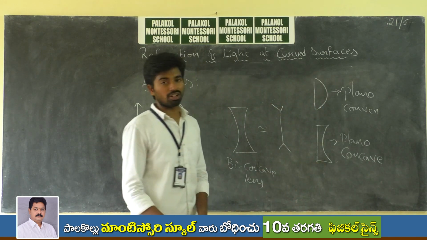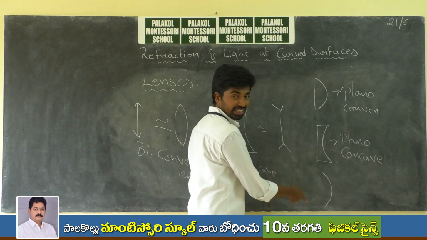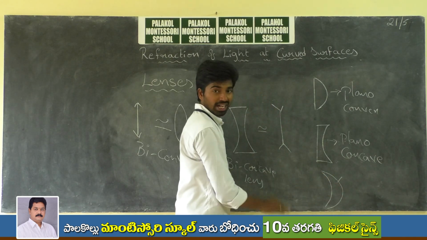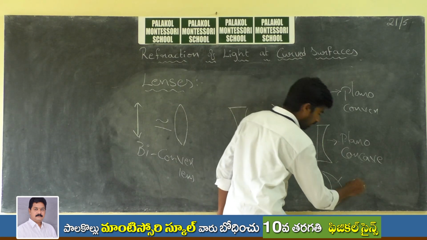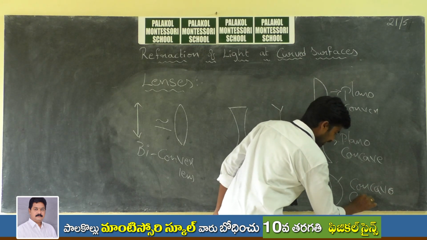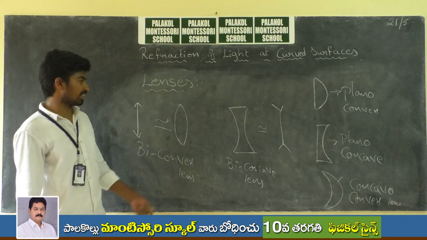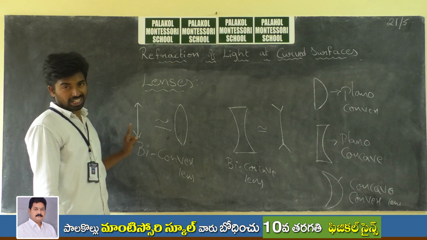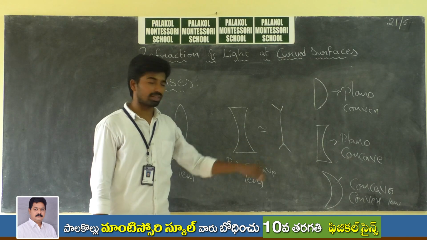When one surface is concave and the other is convex, the lens is called a concavo-convex lens. These are the different shapes of lenses. Just remember that the convex lens can be denoted like this, and the concave lens can be represented by the symbol I have drawn here.